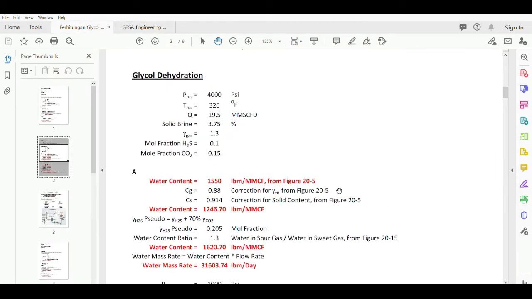So in figure 25, we come up with the CG of 0.88, and a correction for solid content is 0.914. So the solid content is 1247.